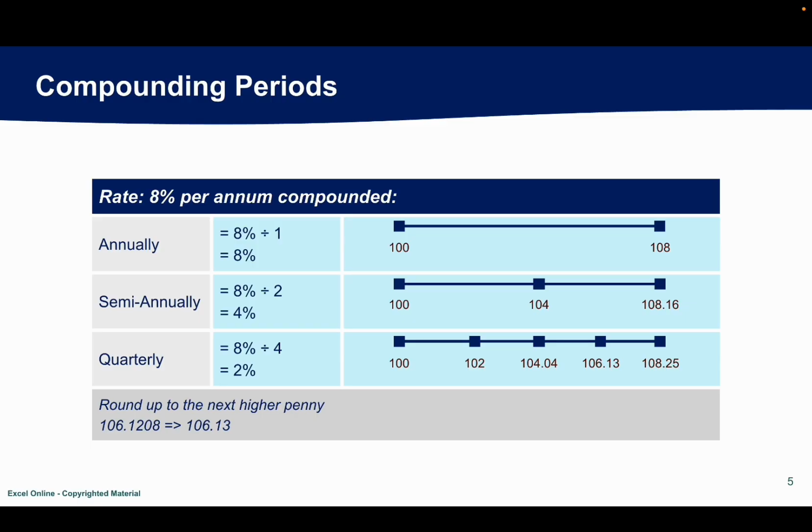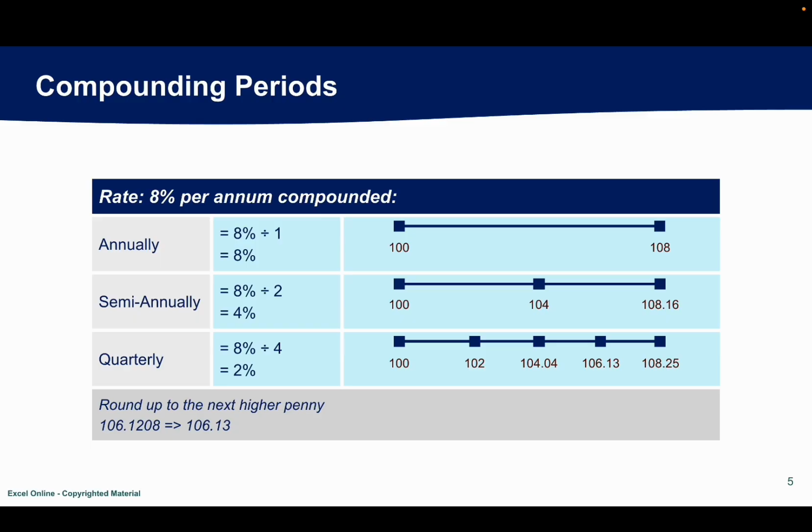If we have a $100 loan at 8% compounded quarterly, we take the 8% and divide it by 4 to get the quarterly rate. So we get 2% per quarter. Now after the first quarter, the payable becomes $102. After the second quarter, another 2% on top of $102, and it becomes $104.04.